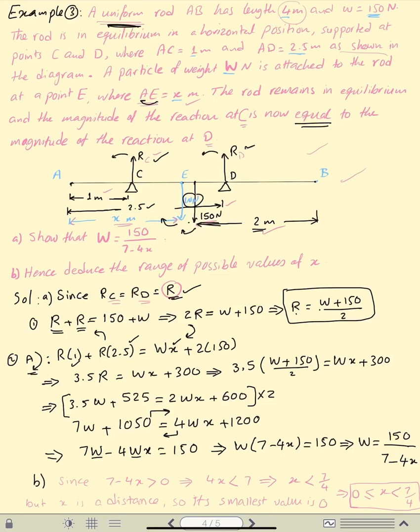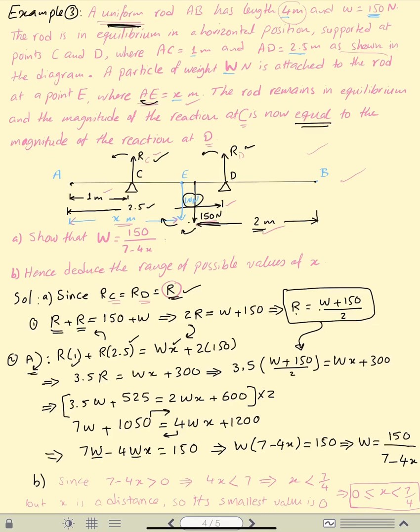Now, simple algebra, by substitution. By substituting R in this equation, 1R plus 2.5R is 3.5R equals WX plus 300. So this implies 3.5 times R, substitute R here, which is W plus 150 divided by 2. Now, as A-level or AS students, we are good in algebra to make W the subject.